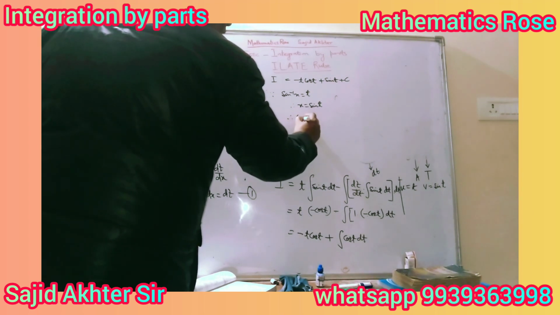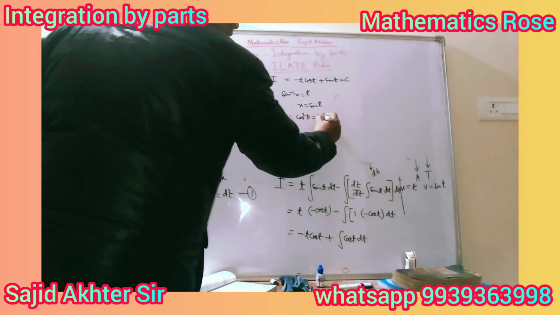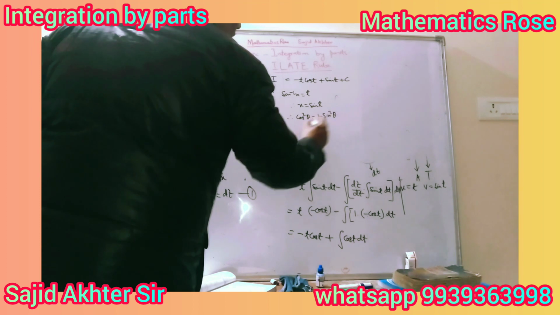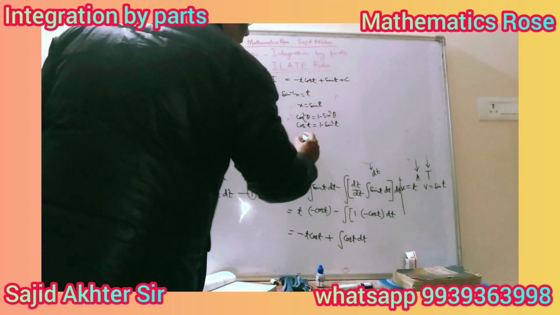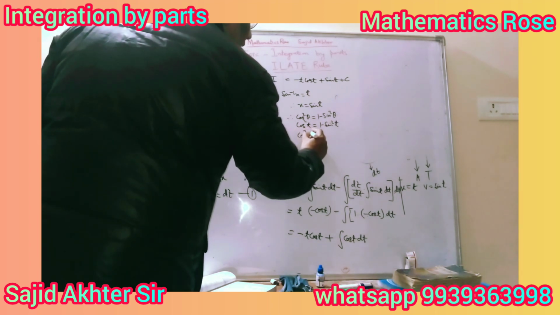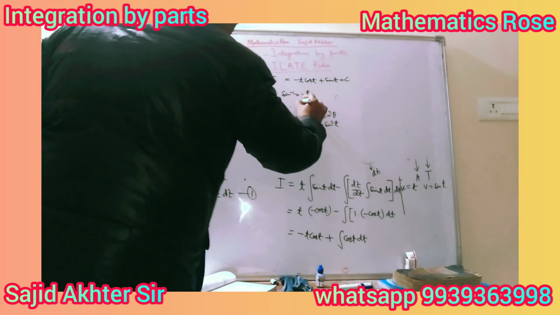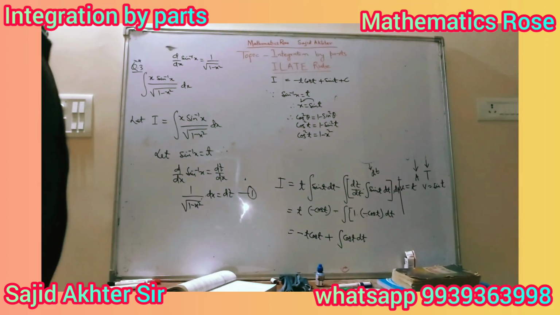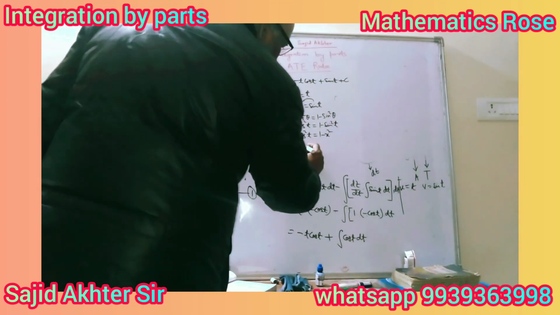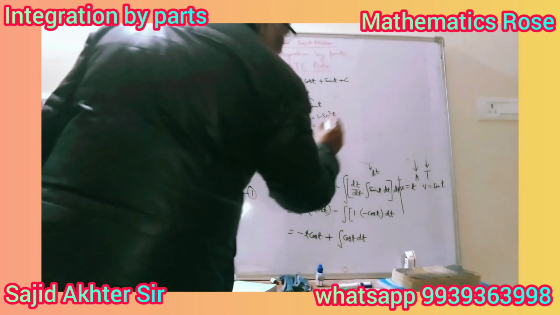Therefore we know that cos square theta is equal to 1 minus sine square theta. So cos square t is equal to 1 minus sine square t, and in place of sine t you can write x, so 1 minus x square, and cos t is equal to root under 1 minus x square.